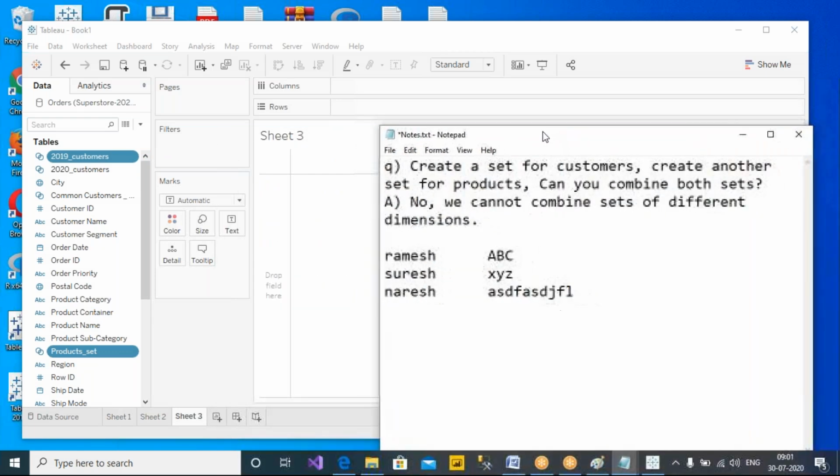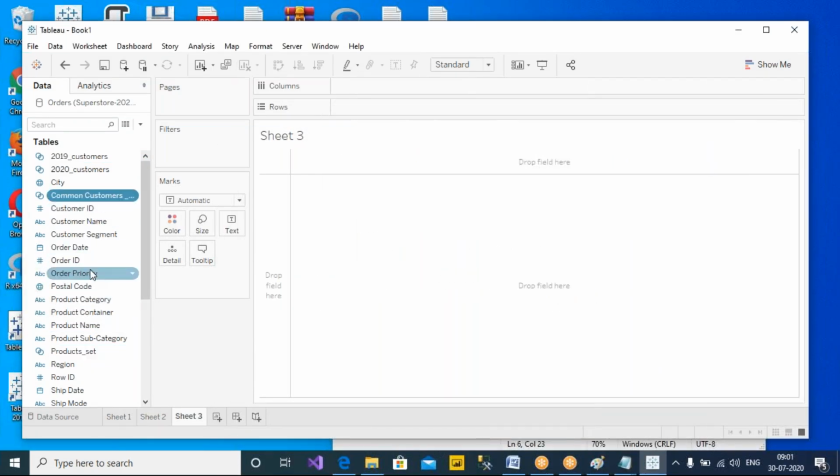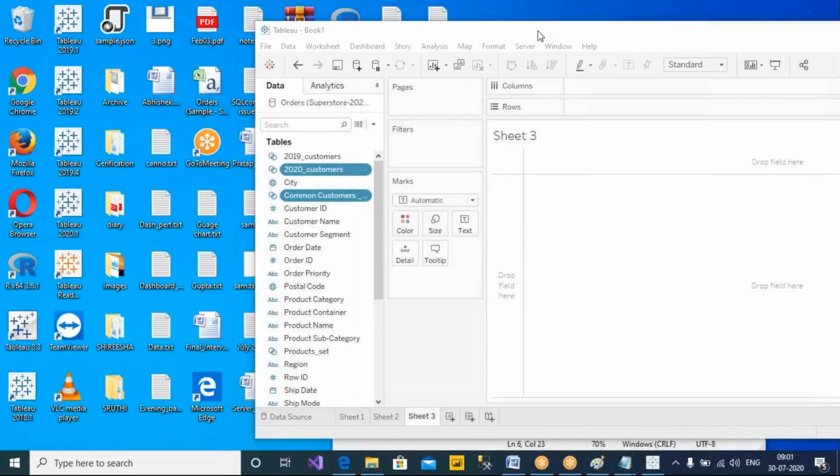And next one, can I combine this set with another set here? Now observe. This is my common customers, which is the output of these two. I want to combine these two sets now. Is that possible or not?